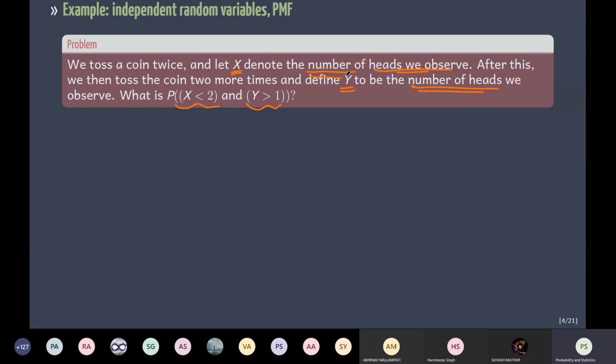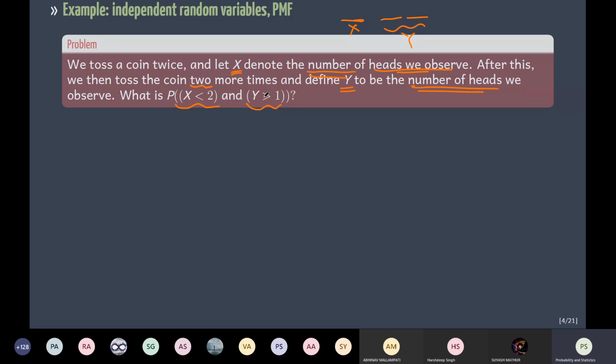Both are counting the number of heads, but X is counting the heads only for the first toss, and then Y is counting the heads for the next two tosses. Okay, so two more times is tossed. And we have to compute the probability that X is less than 2 and Y is greater than 1.